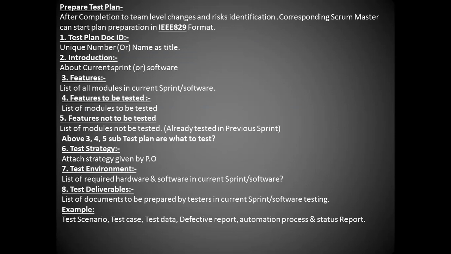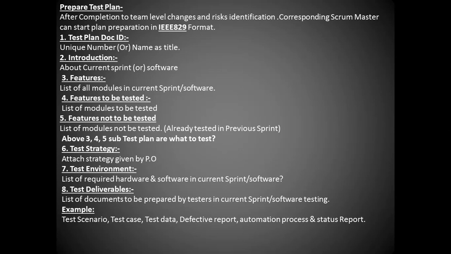After completion of the team level changes and risk identification, the corresponding Scrum Master can start plan preparation in IEEE 829 format. Test plan document ID: a unique number, name as the title itself. Introduction about the current sprint or software.